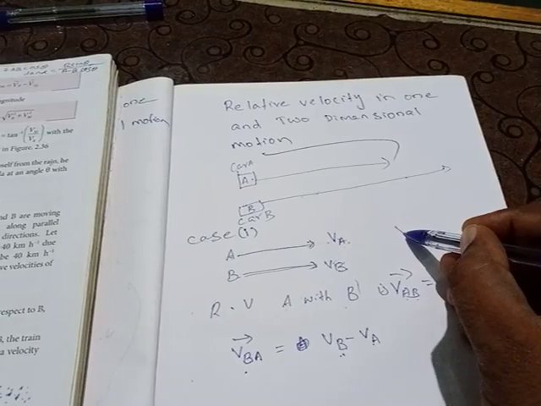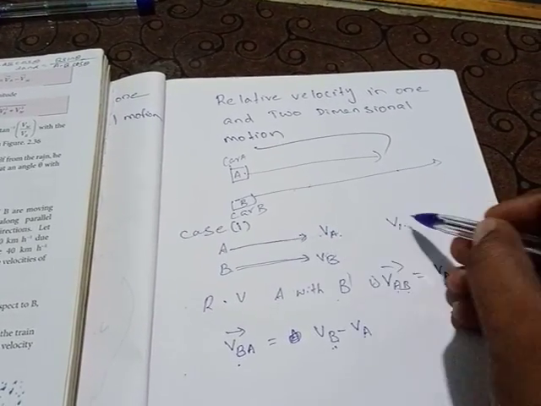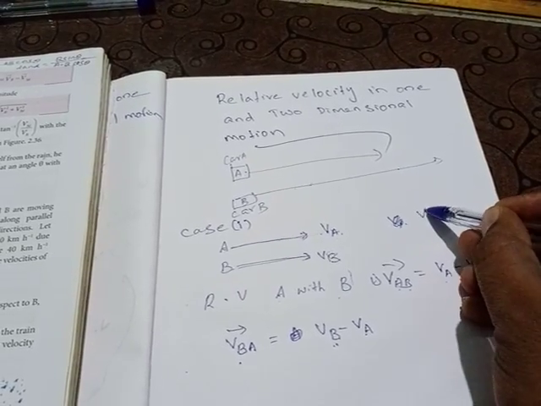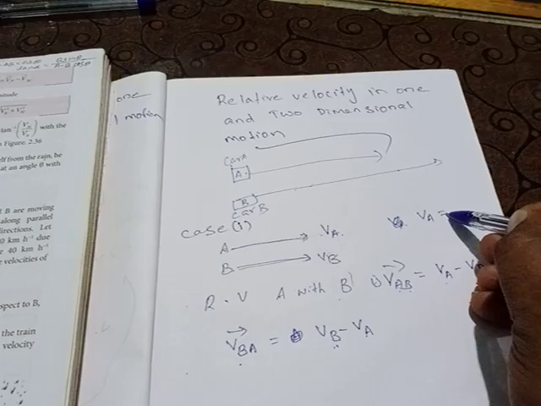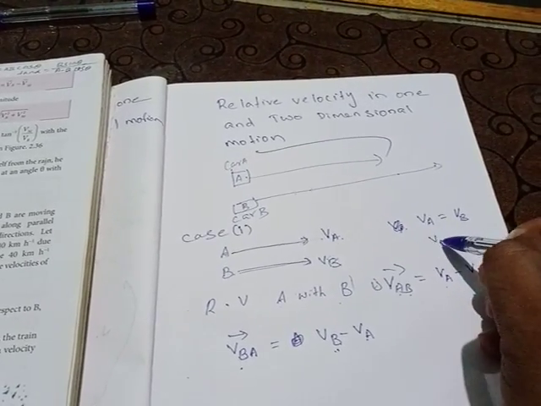We are checking the velocity of car A, object A, with respect to B. Both are moving with uniform velocity, isn't it? VA is equal to VB only. So what can we write?